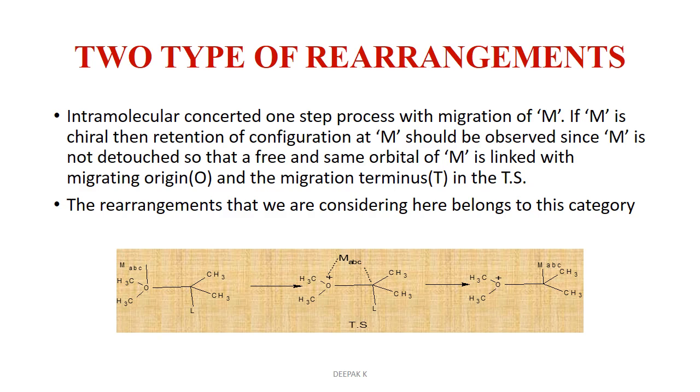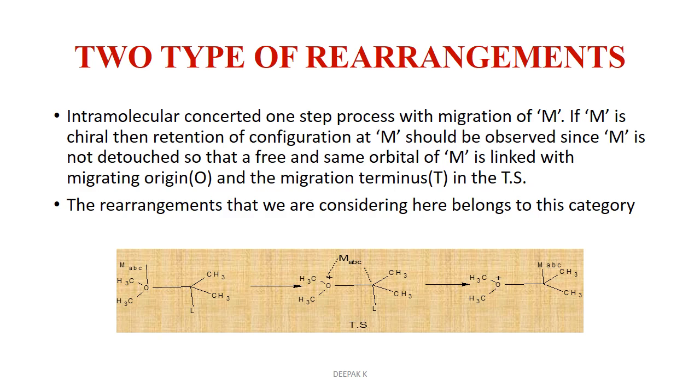Otherwise there is no transition state formed. So in that case, what we will see is the retention of configuration. Retention of configuration is happening, and this is the actual mechanism followed in most of the cases, through the transition state mechanism, and quite rarely we will see the previous mechanism. So these are the two types of mechanisms.